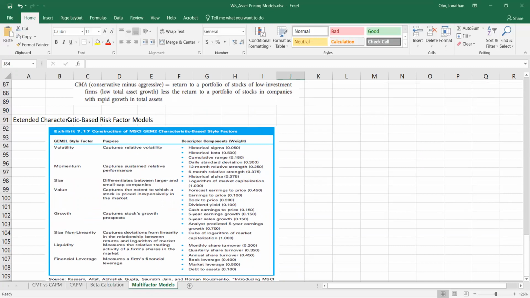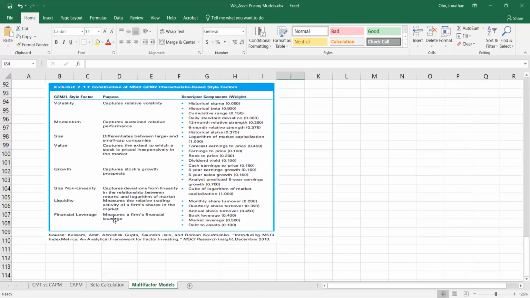The potential candidates for risk factors include volatility, momentum, size, value. This one was already used, and then growth, it was used, size, non-linearity, liquidity, financial leverage. Those are potential candidates for additional risk factors.